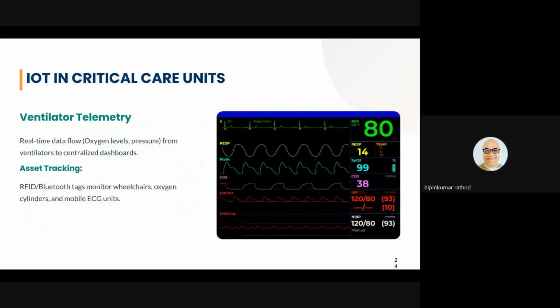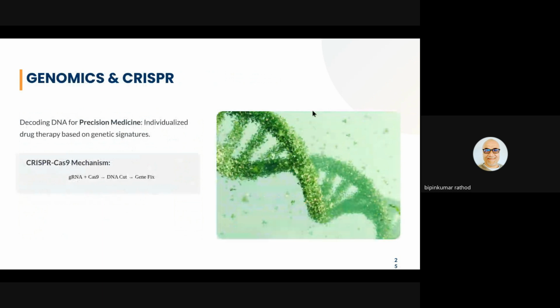This is a great example, IoT, Internet of Things, in the critical care unit, where the patient data gets exported to a remote area where the specialist doctor can review the patient's condition.